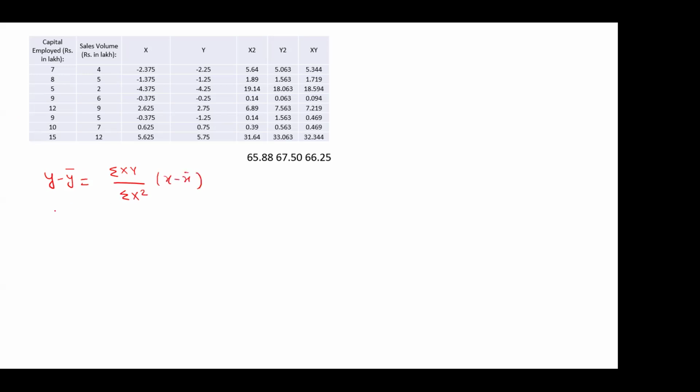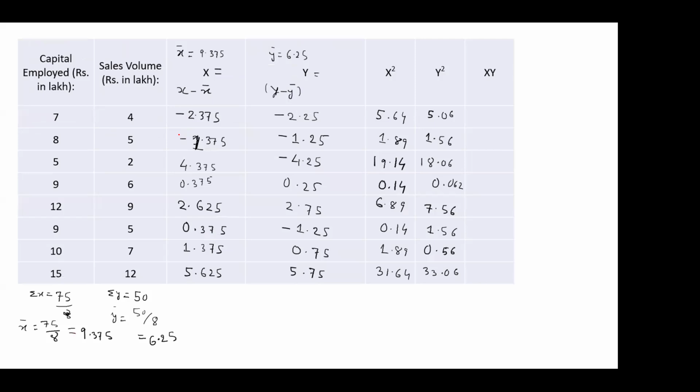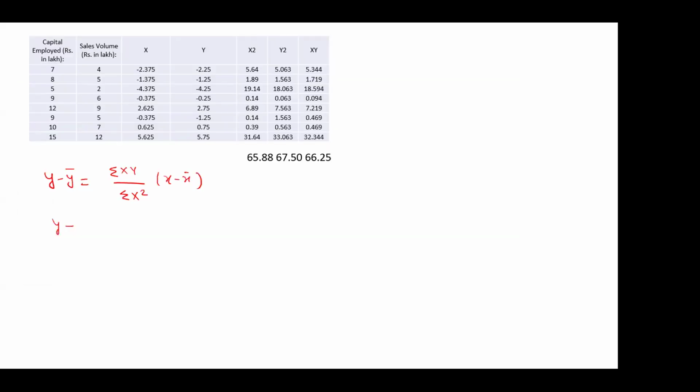So what is y bar? This y bar we have found in the previous slide. Y bar we have got 6.25.